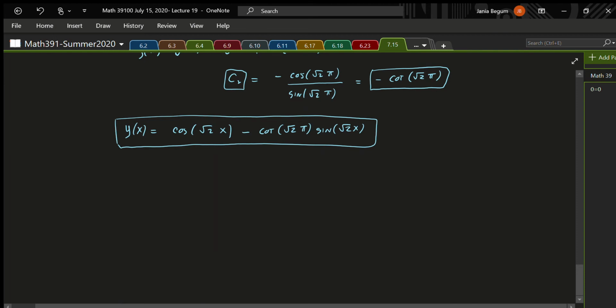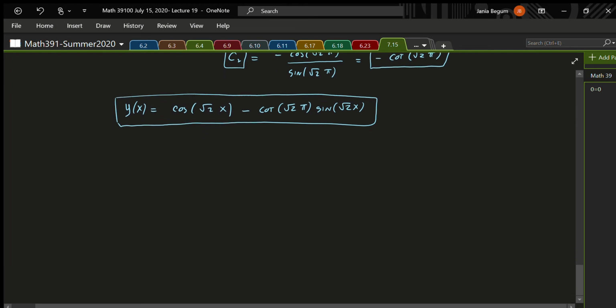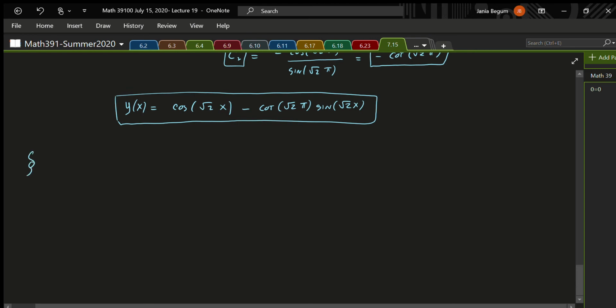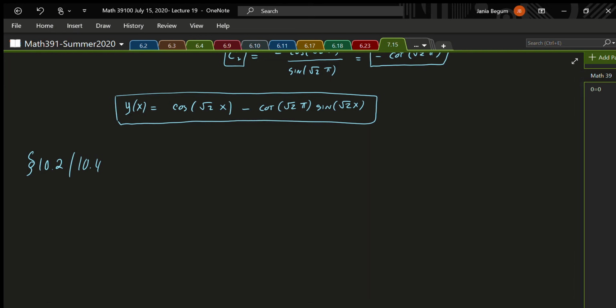Not really much. It's very quick, just understanding the idea of boundary value problems. So moving on to 10.2. I'm going to do 10.2 and 10.4 together because it's really good to see both sections done together. I think it gives a really good structure of understanding how this Fourier series works.